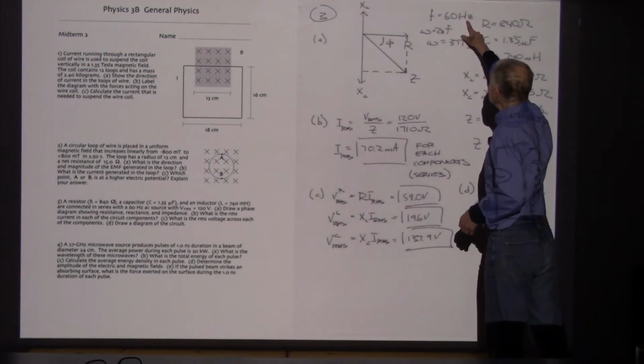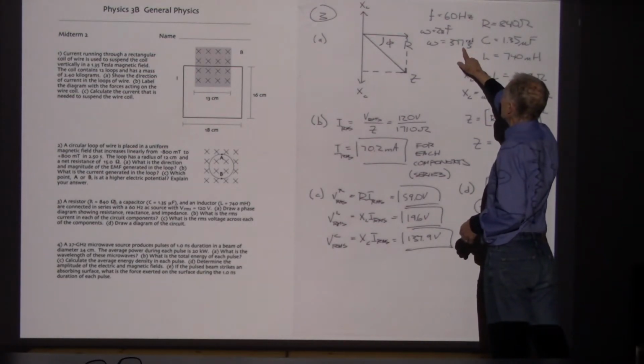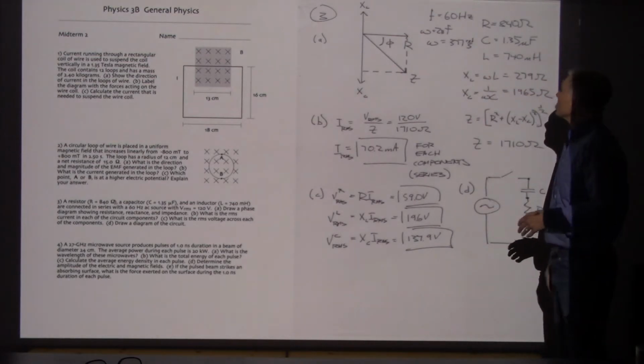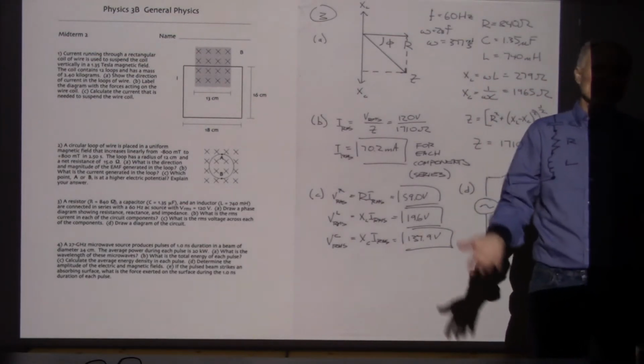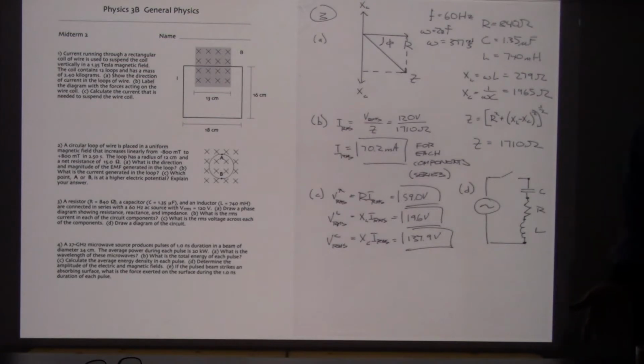Now, frequency in hertz is not standard units, so I've converted into radians. 60 hertz is a really common number that shows up in homework problems, and that's because that's the standard our electric power plants run at. The electric generators in power plants follow a standard of 60 hertz.